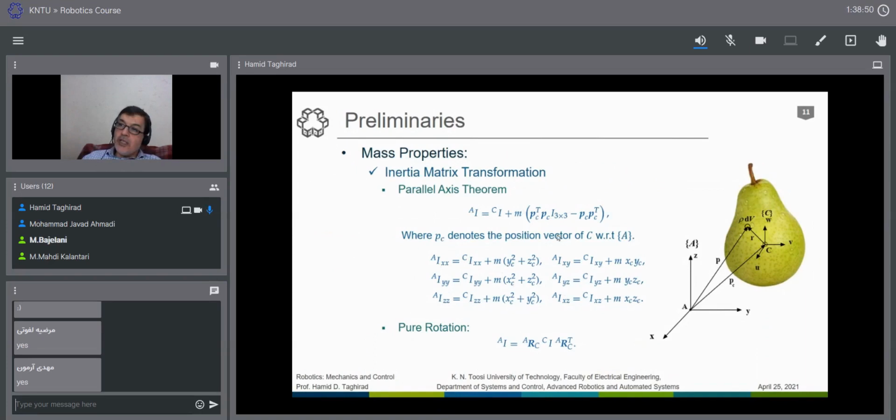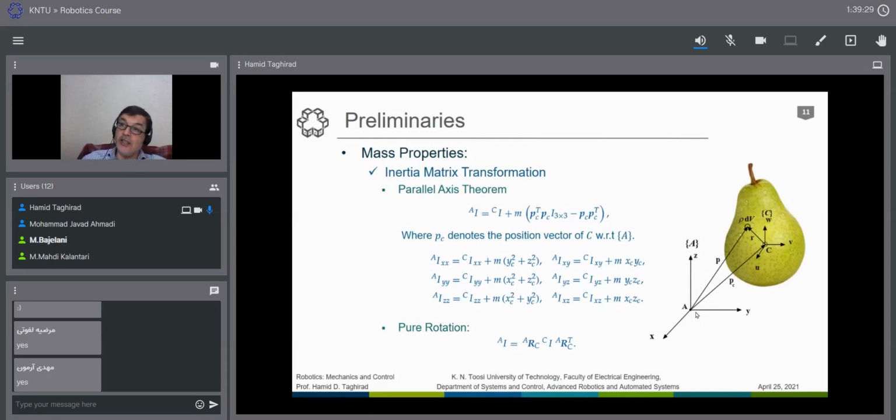Anyways, by using this parallel axis theorem, you can find any moment of inertia from any point to any other point. And if you have only pure rotation, you don't have any translation, note that this is the most used version that we use. If we have I with respect to frame C, and I would like to find it with respect to frame A, any other frame, which is only rotated, not translated.